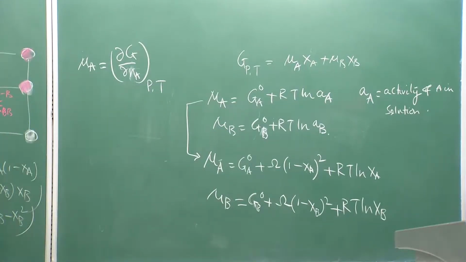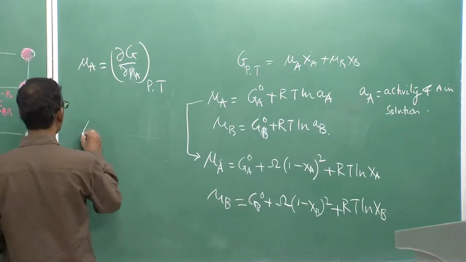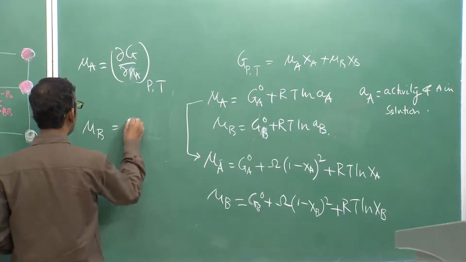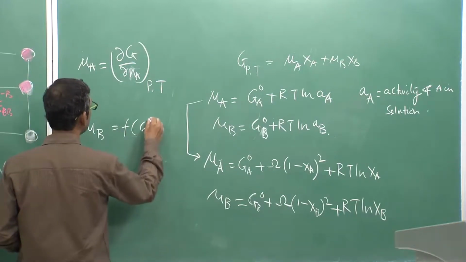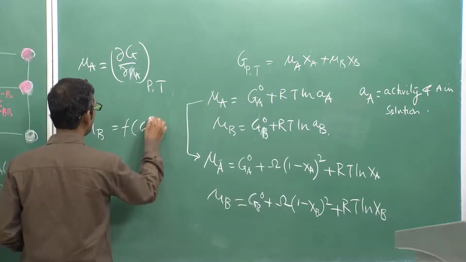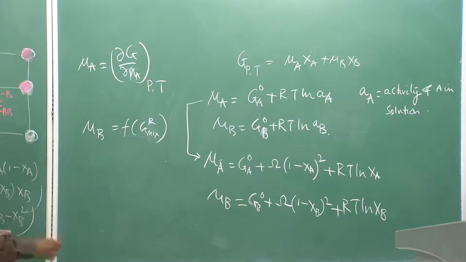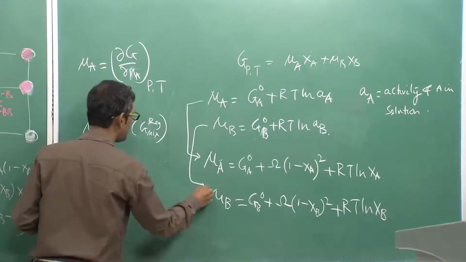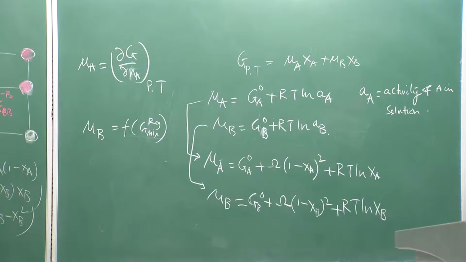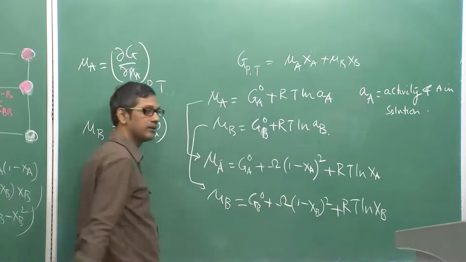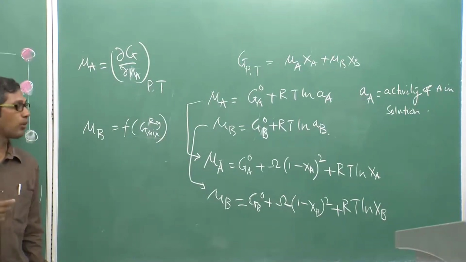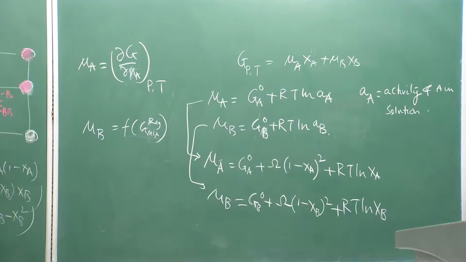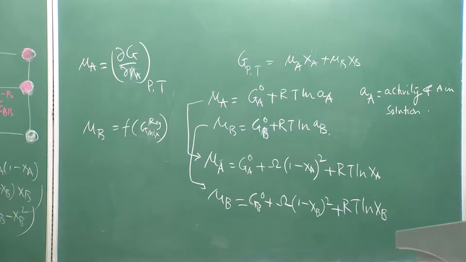But you must know the relationship between this and how it is related to the function of G mix for regular solutions, which you should derive yourself, and then you can get these two equations, the chemical potential of A and of B as a function of XA and XB. This is important because you will like to plot these chemical potentials at a fixed temperature for different mole fractions of A or B.